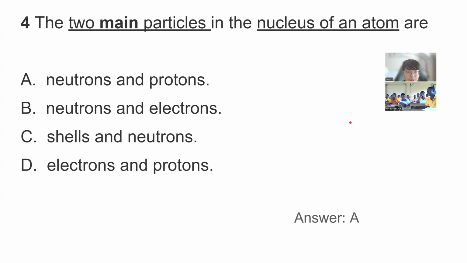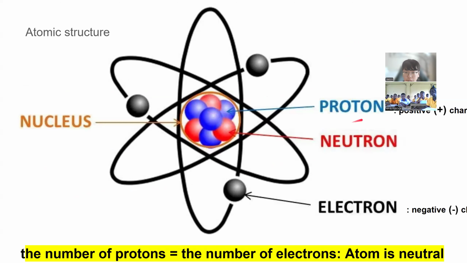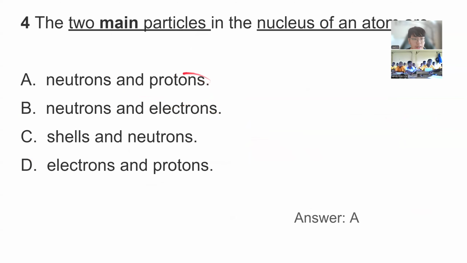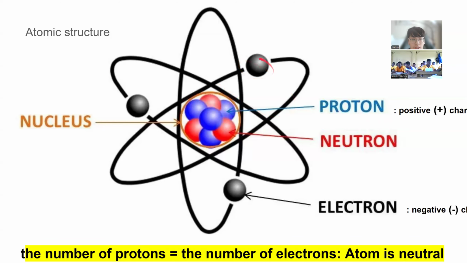Since I have a diagram here again, in the nucleus, which is at the center, the core of an atom, there are protons and neutrons, which is A, like you said. And on the outside, there are electrons orbiting around to form the atom. So this is the structure.